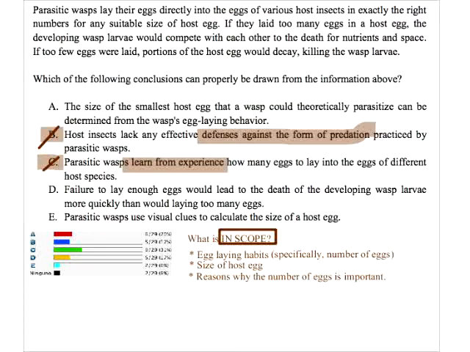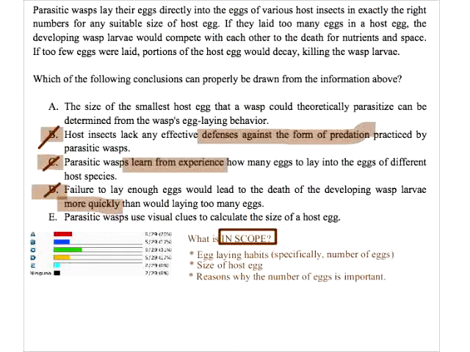The speed with which these things happen, again, not in the passage. Basically laying too many eggs is bad, laying too few eggs is bad. They both kill the larvae, but we don't know which one kills the larvae faster than the other. So we don't have that.